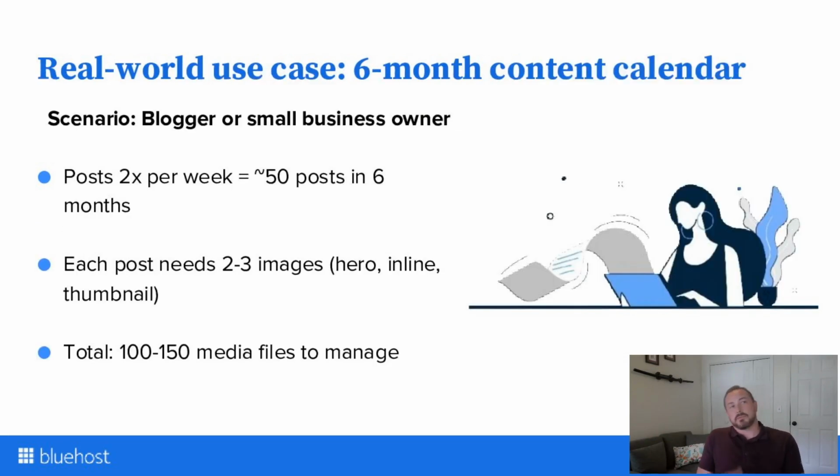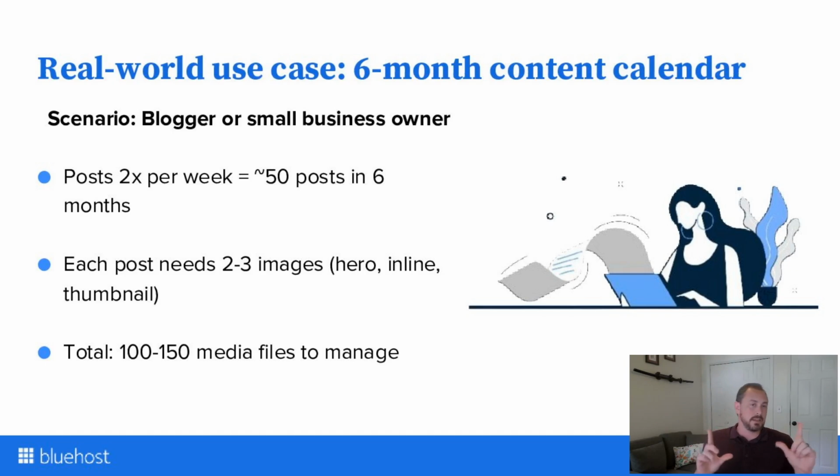So thinking through the statistics, I guess, of what a small business owner or blogger might run into with a 6-month content calendar. If you're posting twice a week, you end up with about 50 posts in 6 months. And then for each post, you might have a couple of images.